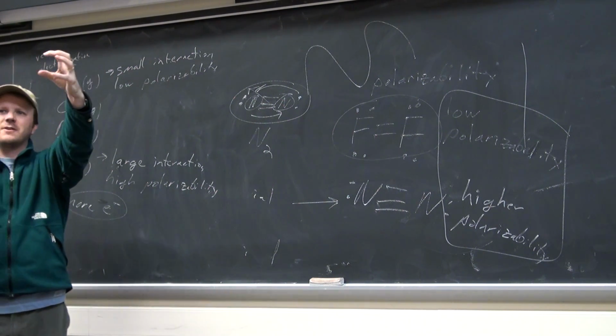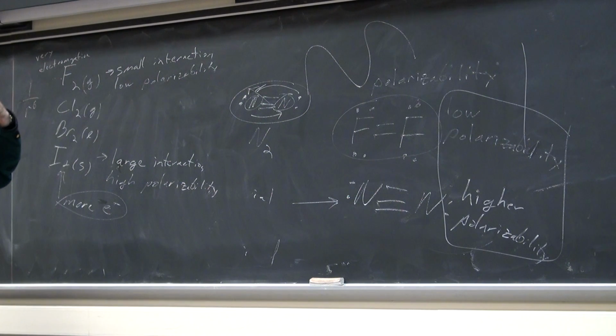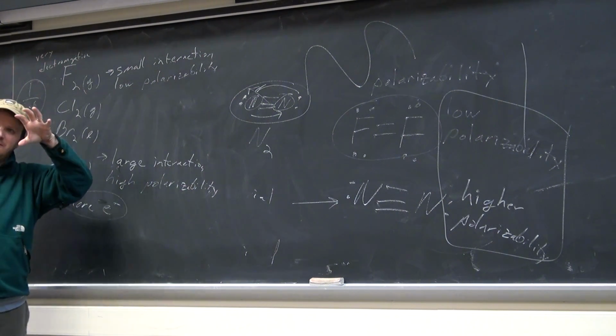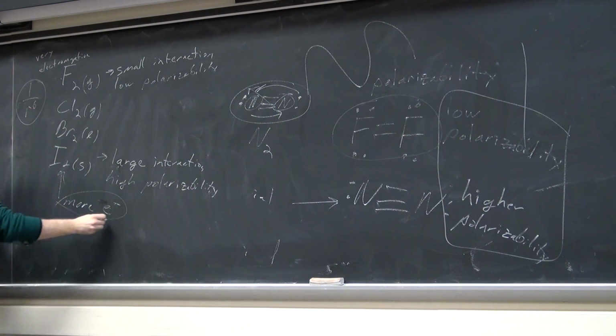As you bring them together or bring them apart, the van der Waals force between these varies with this 1 over r to the 6th relationship. But this is not the size of the atom. The size of the atom really relates to how many electrons there are.